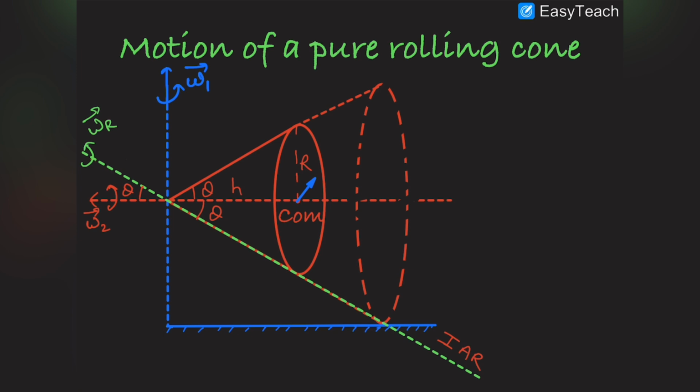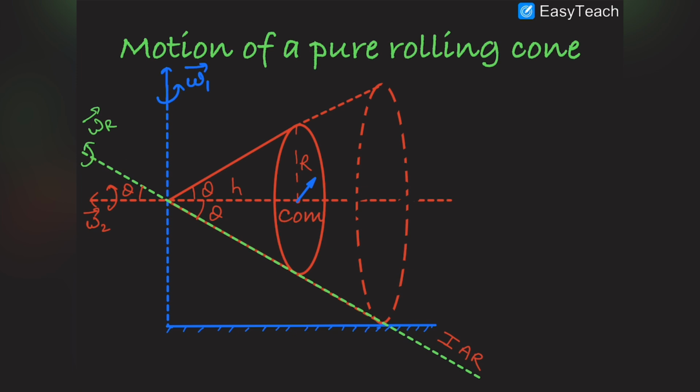We are referring to this axis as IAR due to the fact that we know that IAR is the locus of all those points which are at rest and are associated with the object. So this is the IAR, which means that these points would be momentarily at rest at all times.